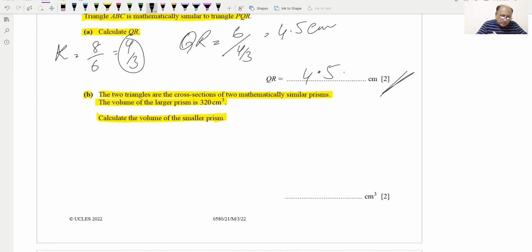So for the same k ratio which we used, now for volume we will be using k cubed, and k cubed is equal to 4 by 3 cubed, this one.